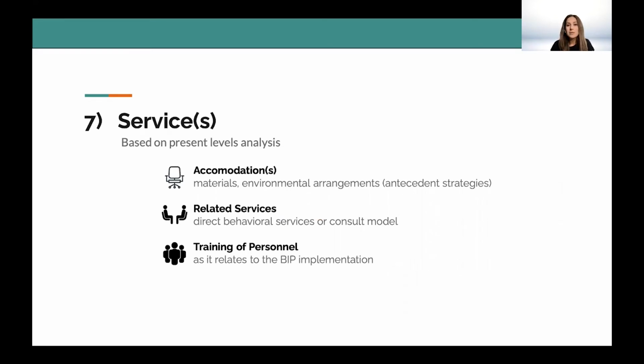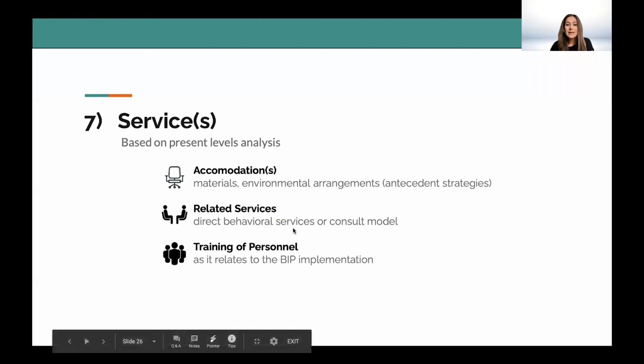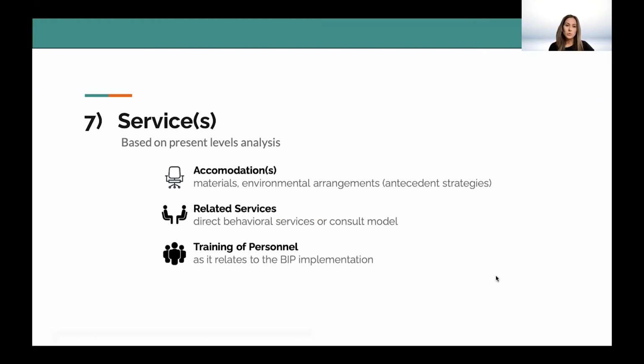And environmental arrangements, maybe preferred seating, special seating. It includes related services, so maybe any direct behavioral services or consults that are needed in order to support the student and decrease the maladaptive behaviors. And it also includes training of personnel depending on, again, the components and how this behavioral intervention plan needs to be implemented.